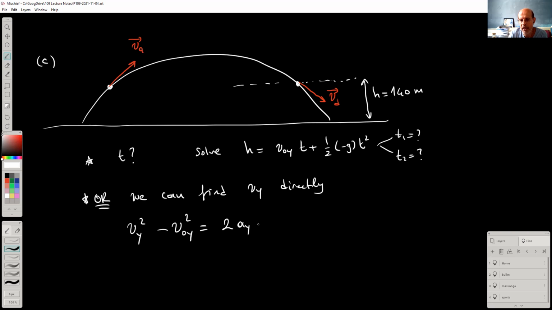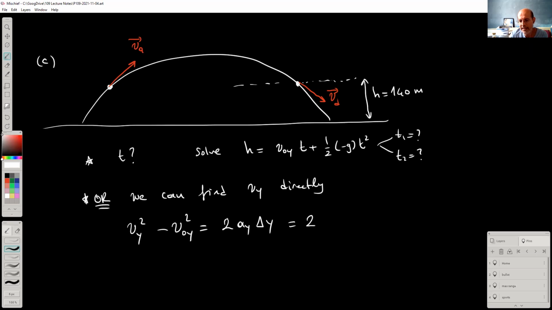Right, let me write 2ay delta y, right? I can use this equation because I know the displacement, I know the acceleration, initial velocity is known, so that's the only thing that I need to find. That's also a quadratic equation. So in any case, I can solve this.